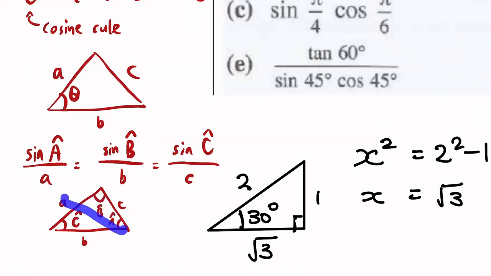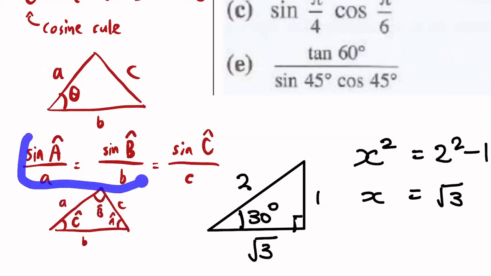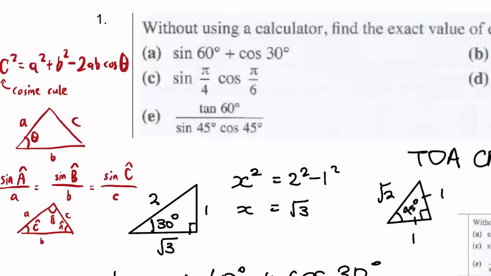So basically you need an opposite pair. For example, you look at this pair, this pair and this pair. Okay, that's sine rule and cosine rule.